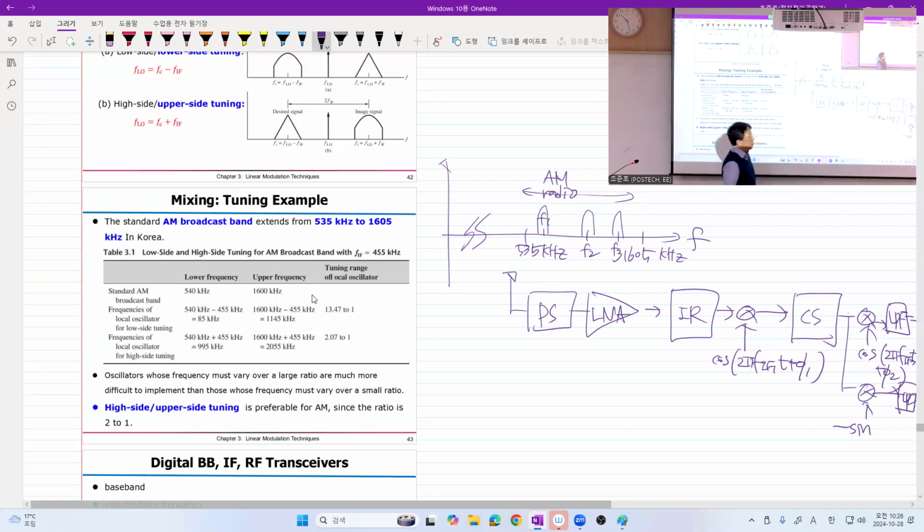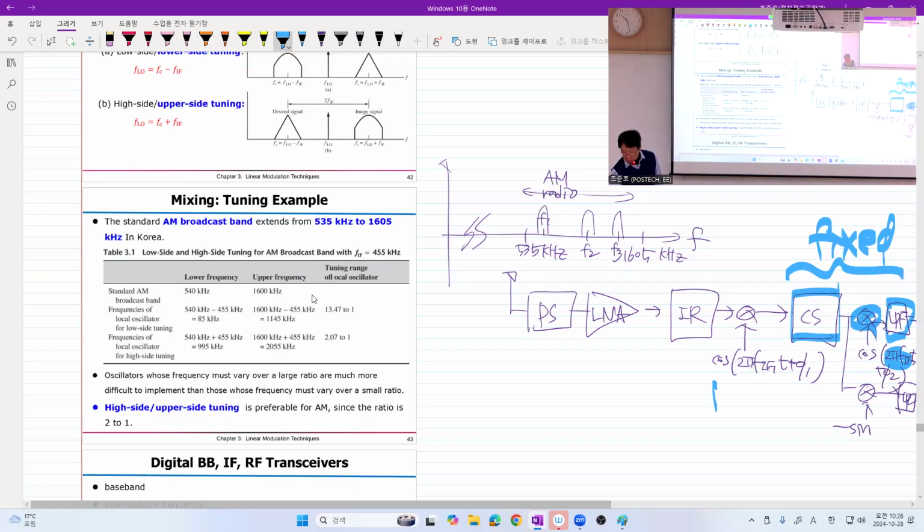That is the idea. By doing this, they could produce very inexpensive but high performance radio receivers.